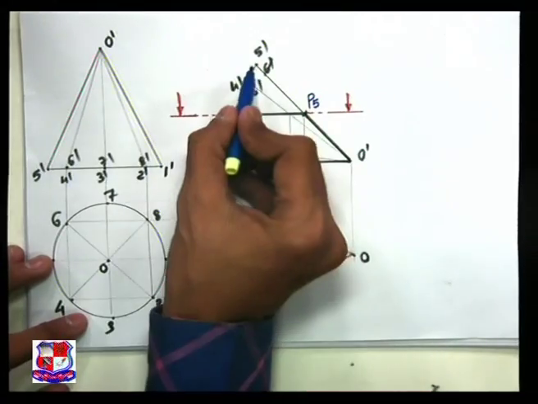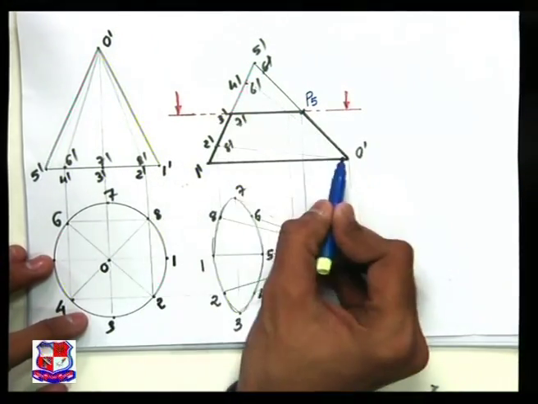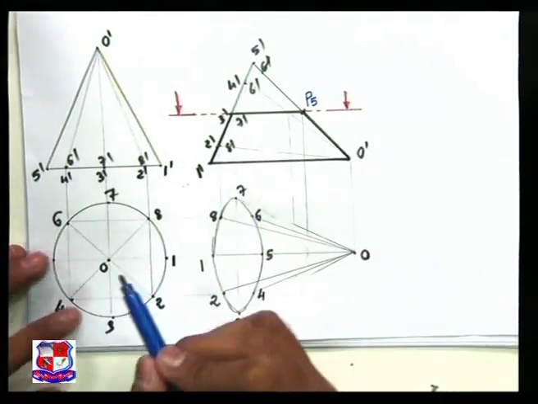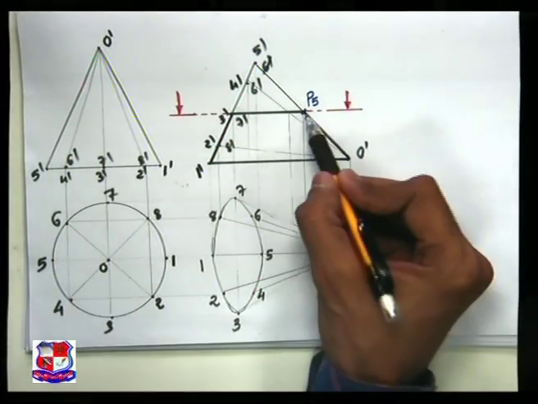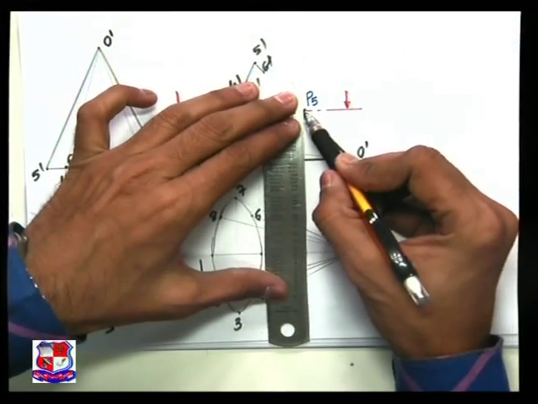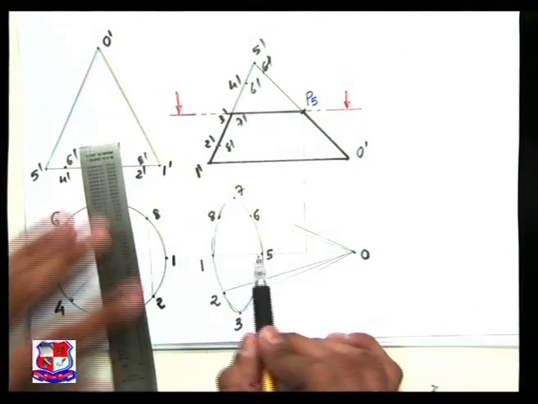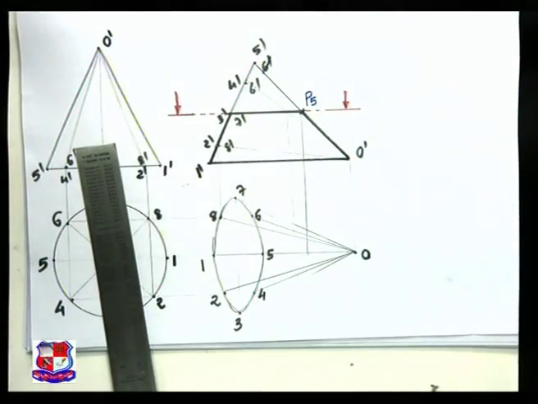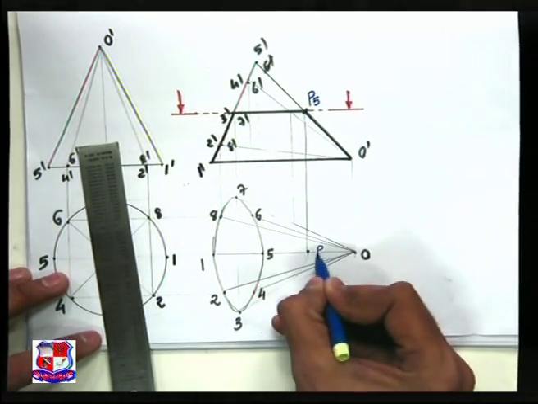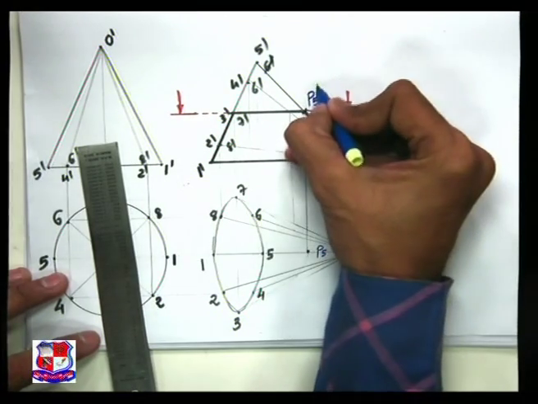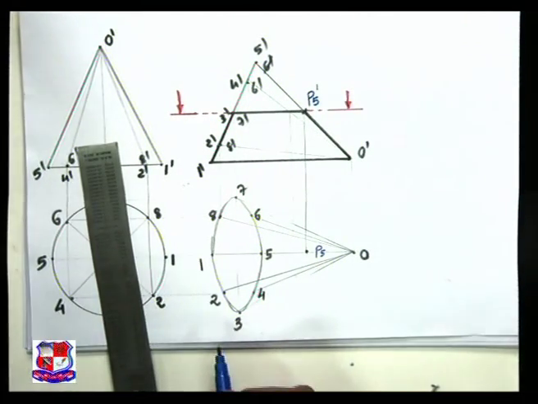The intersection of this generator O dash 5 dash and this cutting plane is this point. So from that point, draw a straight vertical line, and this vertical line will cut this O5 at this point. So mark that point somewhere here. This is point number P5. As it's a front view, dash would be there, P5 dash would be here.